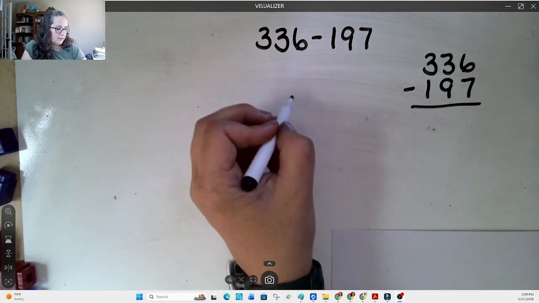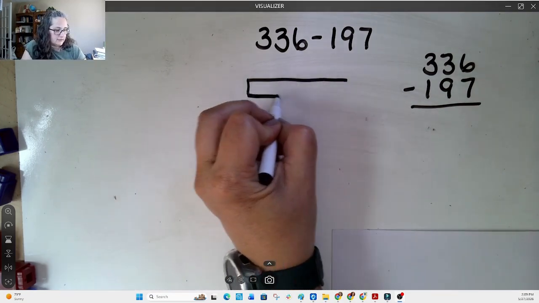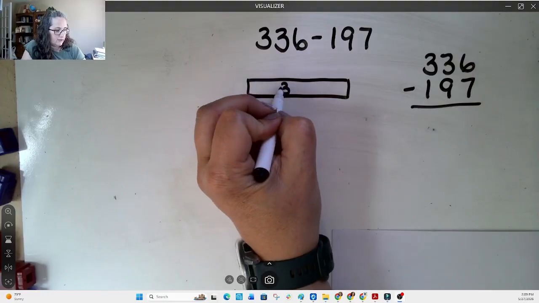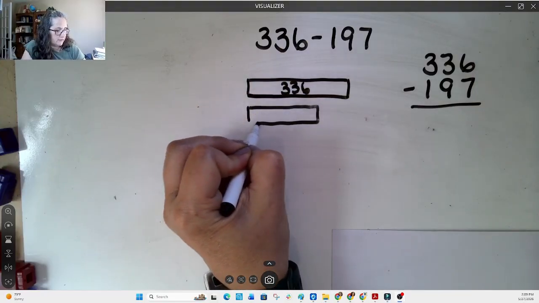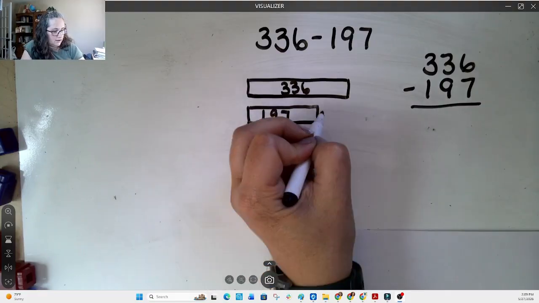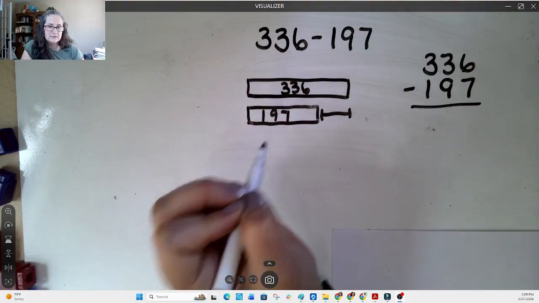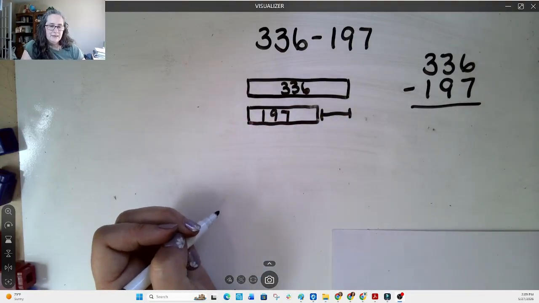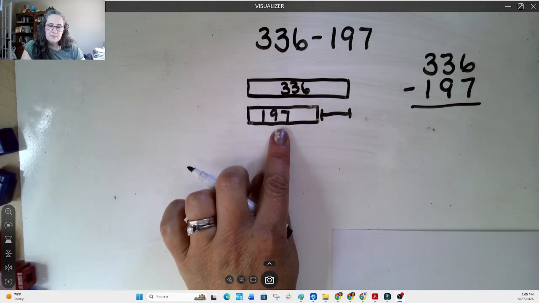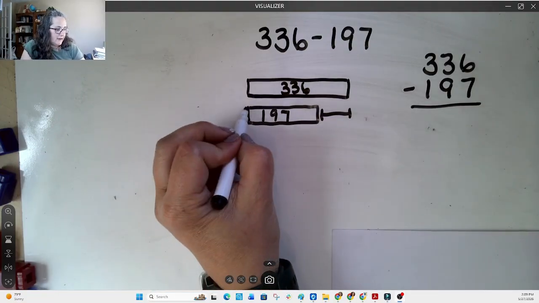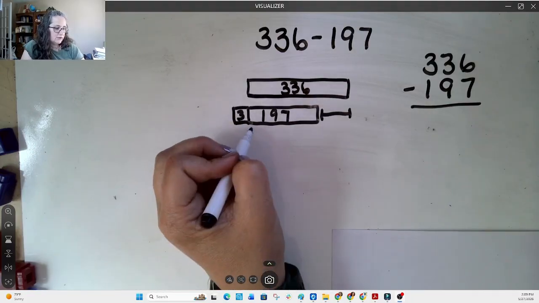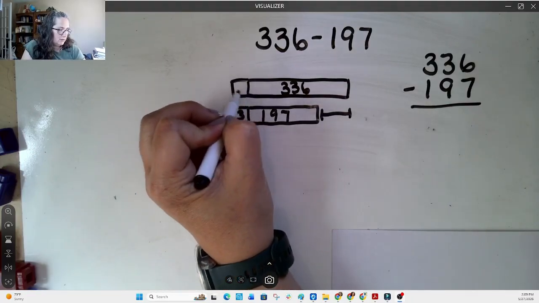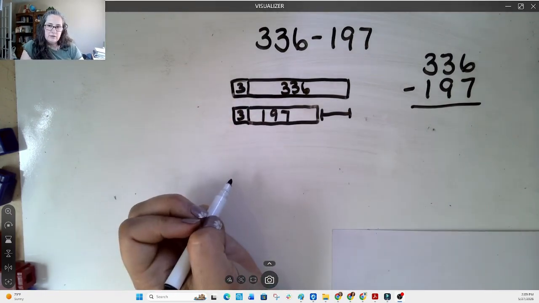Or I can think about constant difference, and I have 336 and 197, and I'm trying to find the difference between the two. 197 is pretty close to a friendly number. If I add 3, I can get that to be 200. So let's add 3 to 336 also.